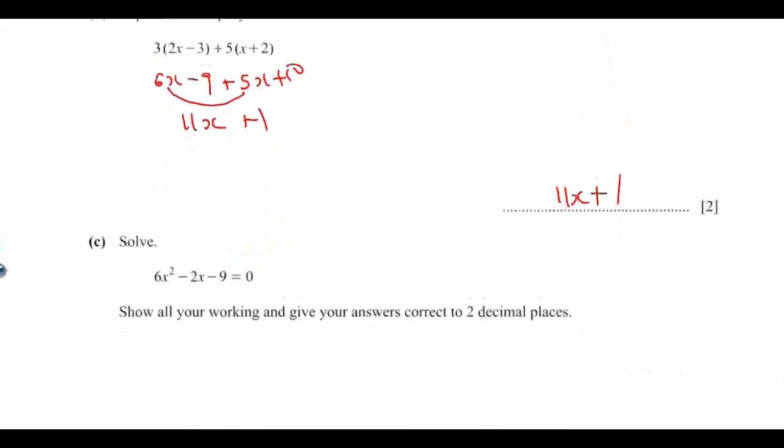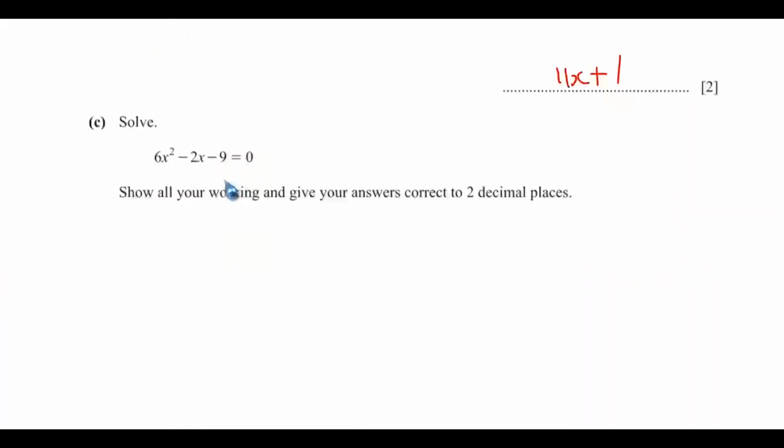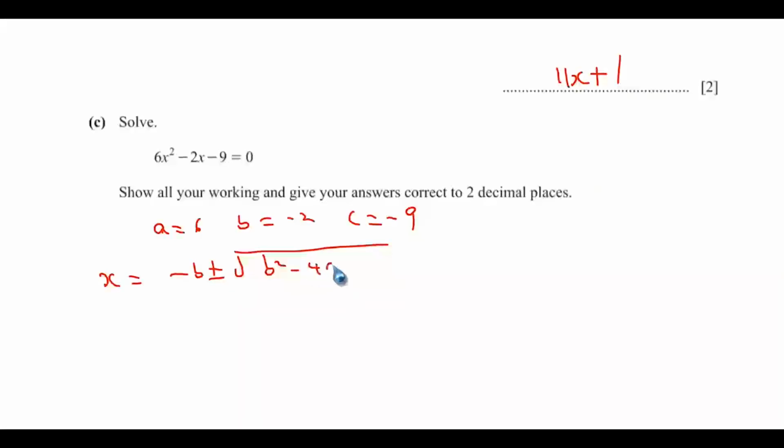Then part C, solve this quadratic equation and give your answer correct to 2 decimal places. So from here, using the quadratic formula, a is equal to 6, b is equal to negative 2, then c is equal to negative 9, and we have x equals minus b plus or minus square root of b squared minus 4ac, everything over 2a.